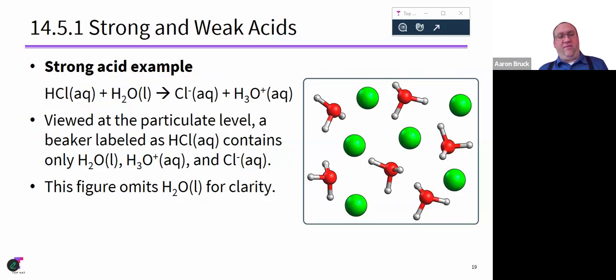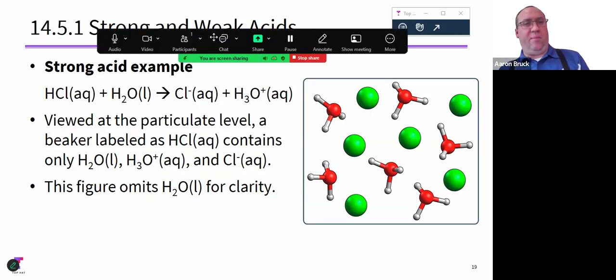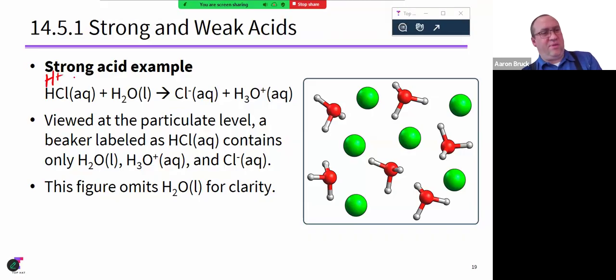At the molecular level, one difference that we can start to talk about now that we have a better understanding of what the solvent dynamic is, and how acids work from that Bronsted-Lewis kind of perspective, we can see that when this breaks apart, HCl turns into H plus and Cl minus.